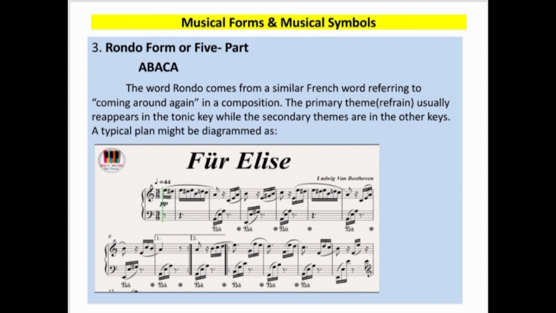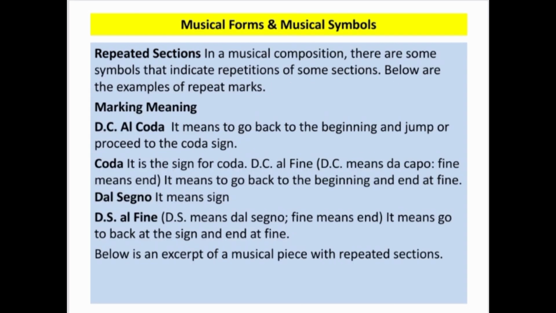The primary theme, or the refrain, usually reappears in the tonic key, while the secondary themes are in other keys. A typical plan might be diagrammed as in Für Elise. This piece is composed by Ludwig van Beethoven.